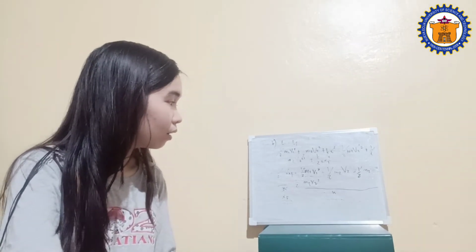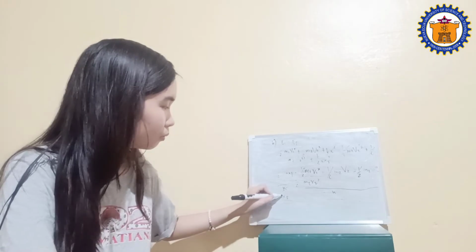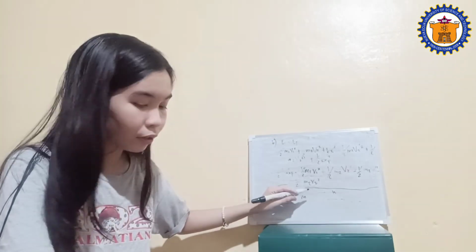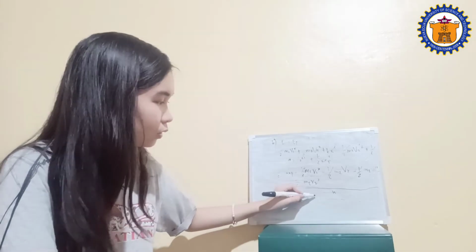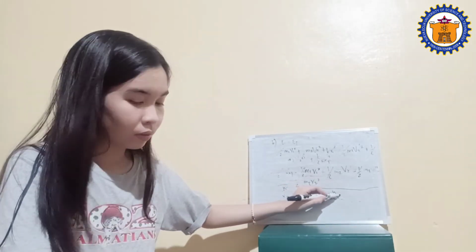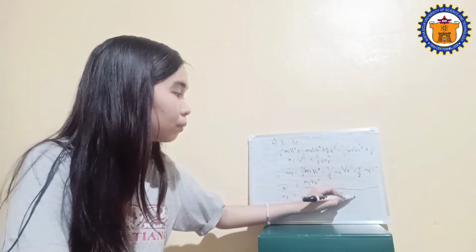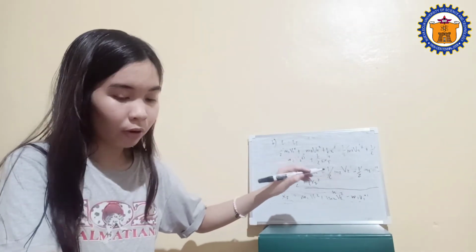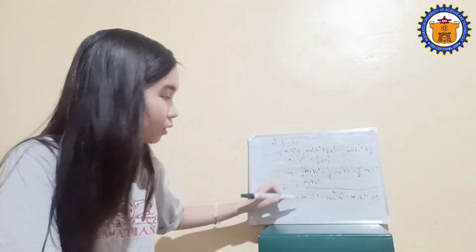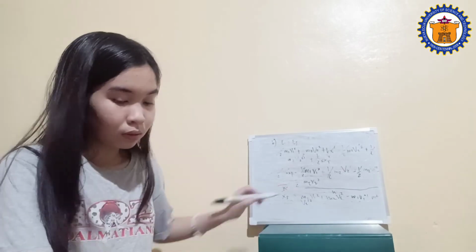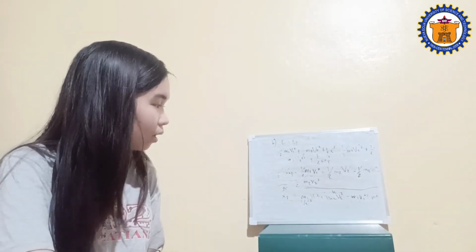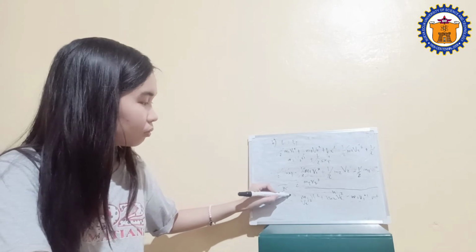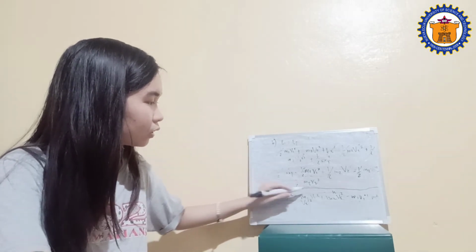And para mapadali or mapaikli yung equation natin, x final squared is equals to mass 1 times V1 squared plus mass 2 times V2 squared minus mass 1 times V1 prime squared minus mass 2 times V2 prime squared, all over K. So, i-square root lang natin to both sides, para mawala yung squared.